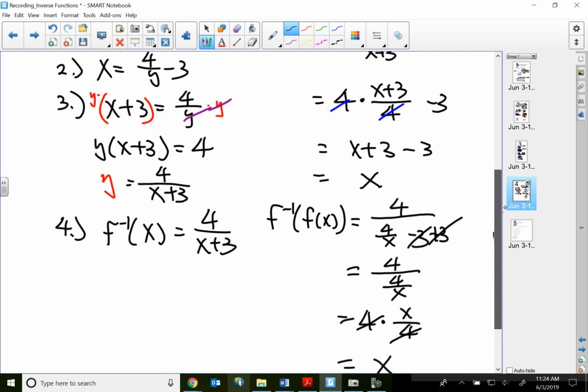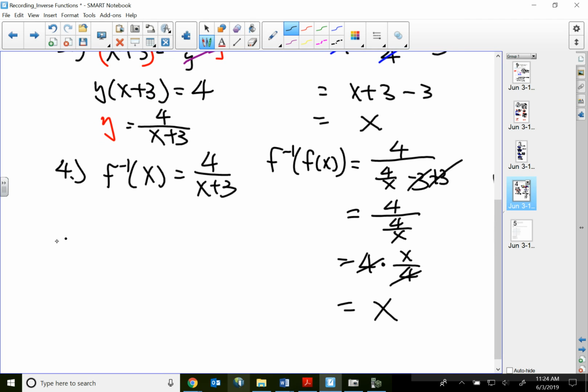So what is going on is whenever we have f of f inverse, the composition of the two inverse functions, will always equal the same answer, which has got to be x.